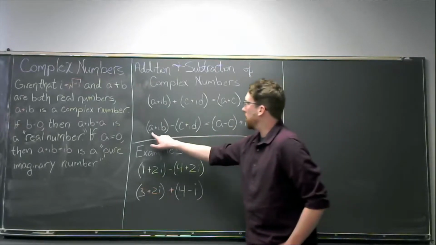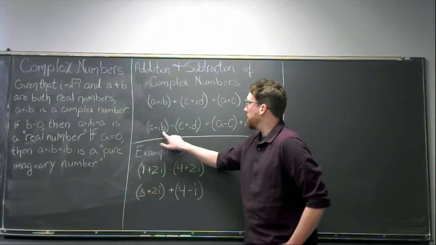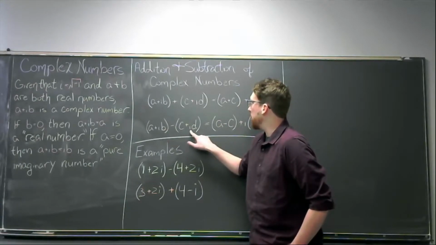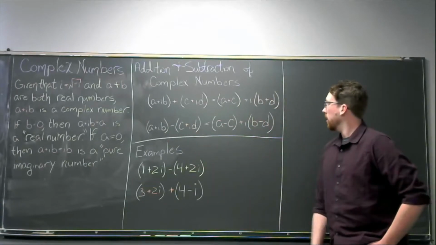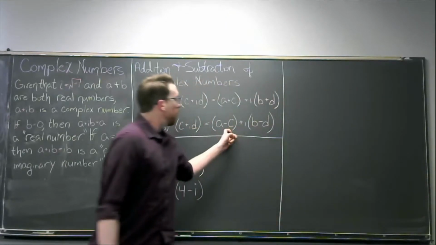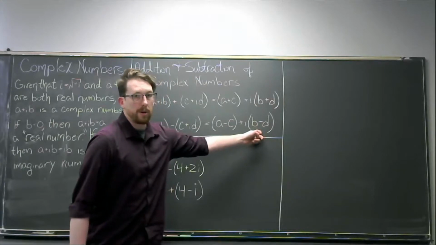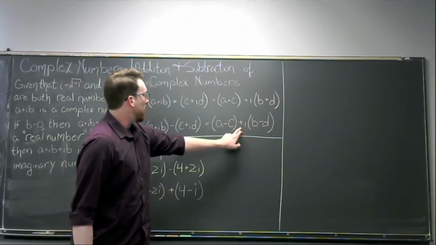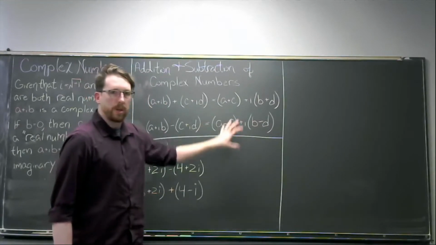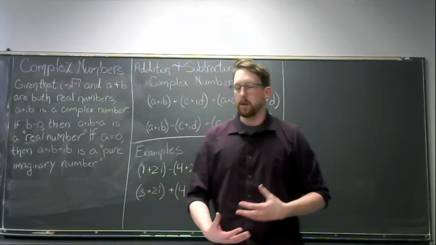So we're going to have positive a plus ib minus c minus the imaginary number times d. When we rearrange everything and group the real parts and the imaginary parts together, that addition stays there, but these have subtractions within those parentheses, within those parts.